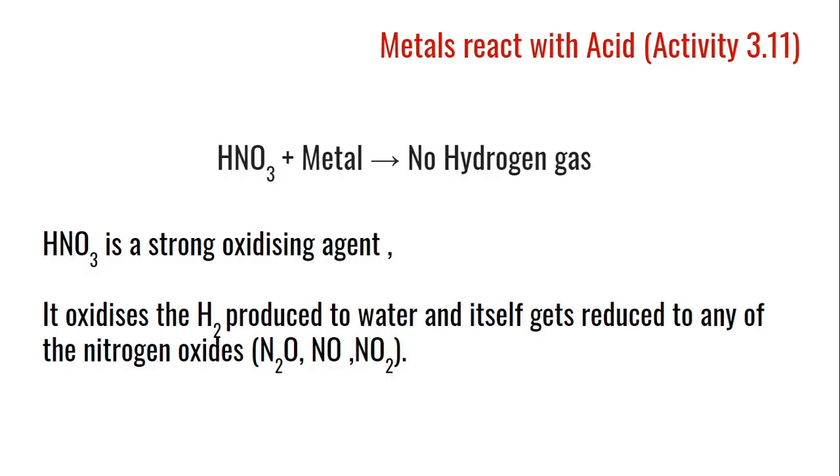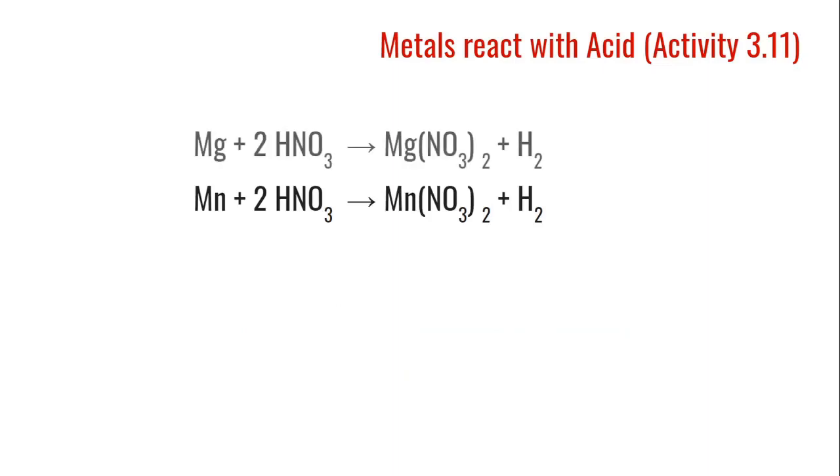Now the exceptions in this case, metal plus HNO3, there is no hydrogen gas, but the exceptions are manganese and magnesium. For magnesium and manganese, hydrogen gas is evolved. So let us see the chemical reactions.